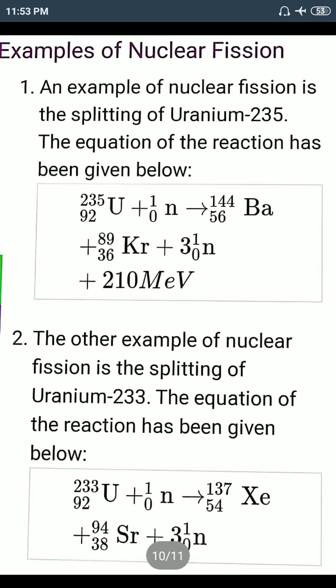That's why we write 3 neutrons, and heat is also generated, about 210 MeV. Another example, if uranium 233, then we get a similar equation.